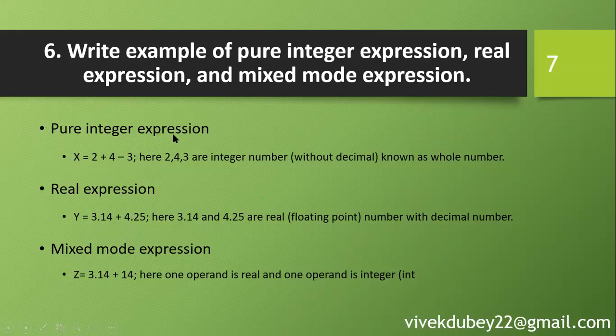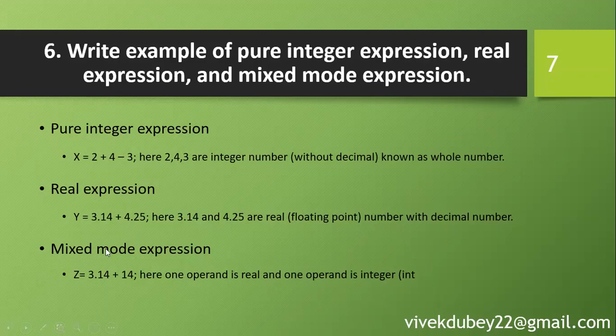A pure integer expression is like x = 2 + 4 - 3, where 2, 4, 3 are integer numbers, that is, without a decimal point, known as whole numbers. Now a real expression, y = 3.14 + 4.25. Here both operands are real, that is, floating point numbers with a decimal point.